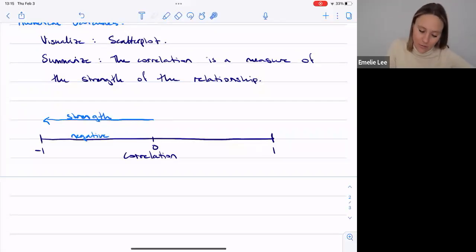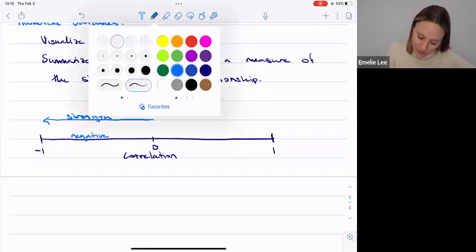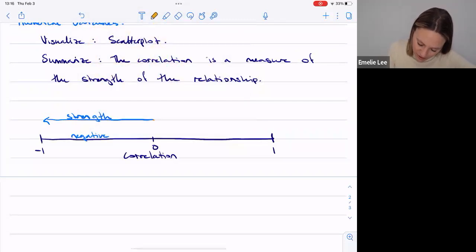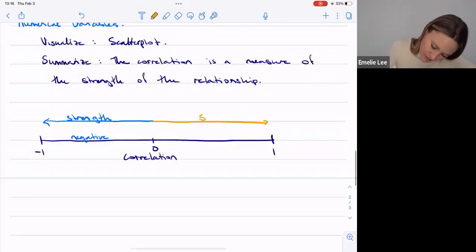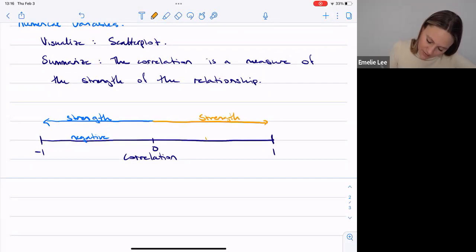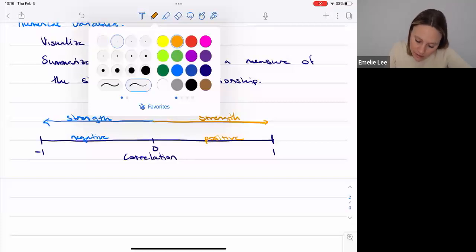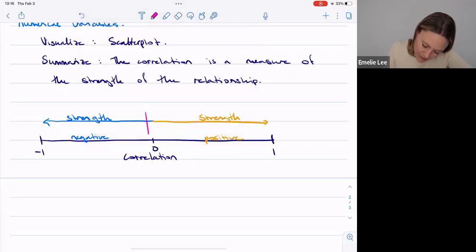And then for the positive, same idea. The strength is increasing, and this is a positive relationship. And here, at 0 correlation, there's no relationship.